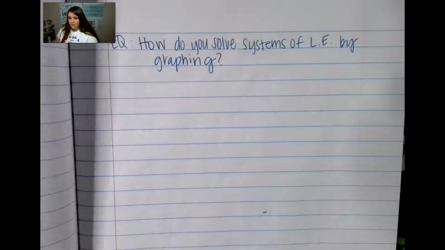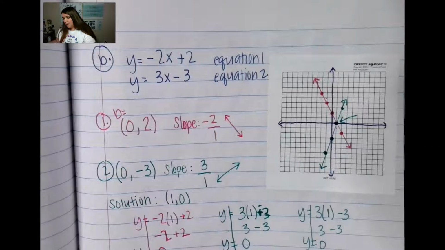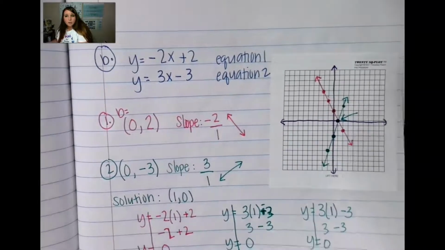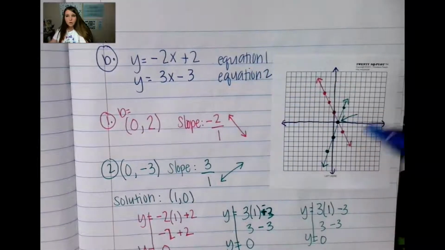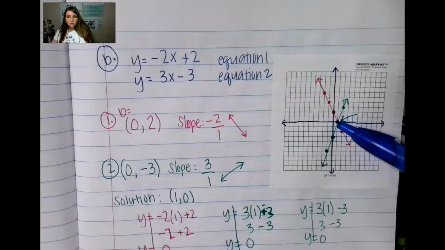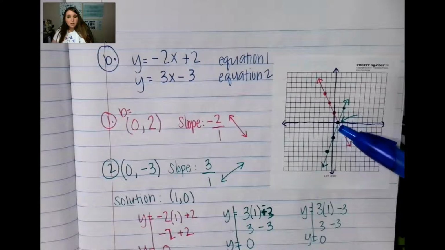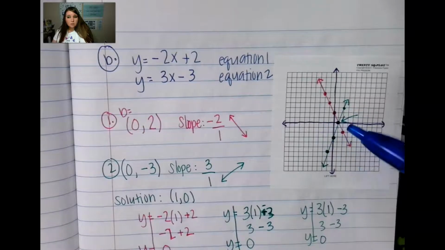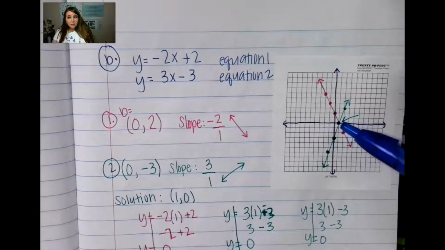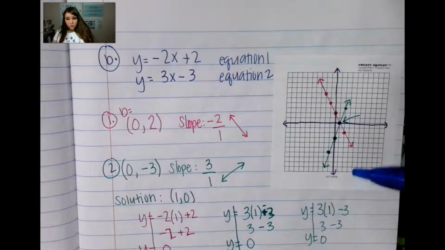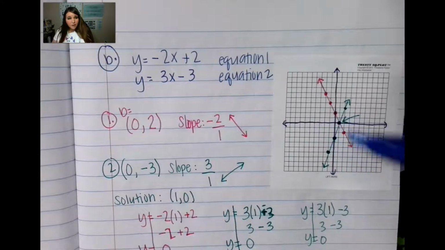So yesterday in our lesson we saw that two equations worked together in order to give you a solution. And that solution was used to identify where the two linear equations overlapped. That was our solution. So they worked together to give you an ordered pair.